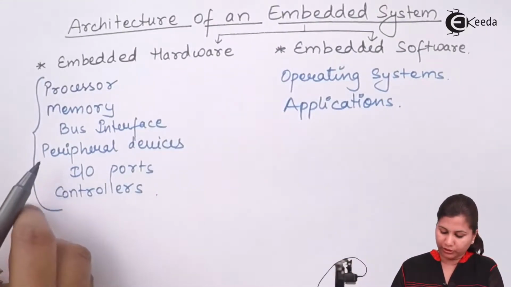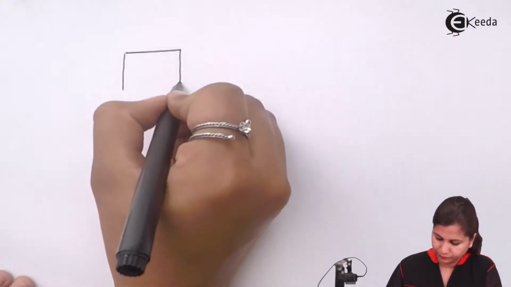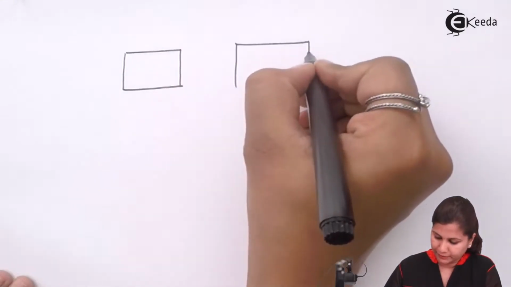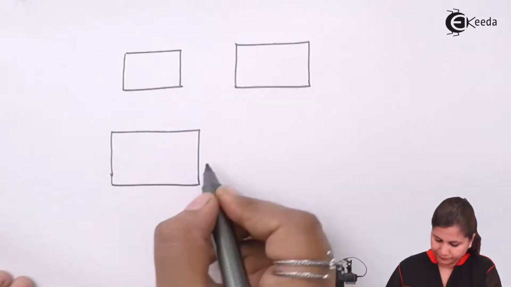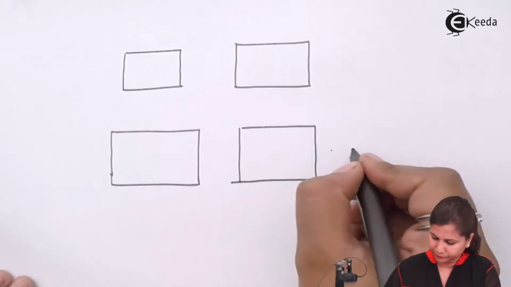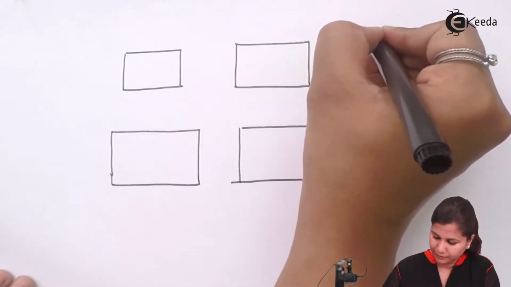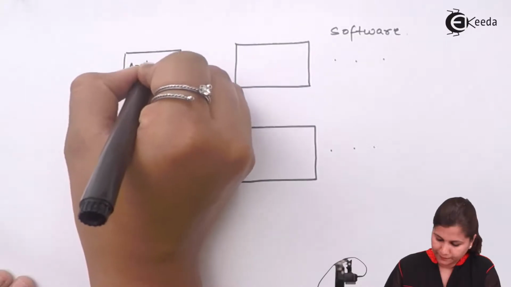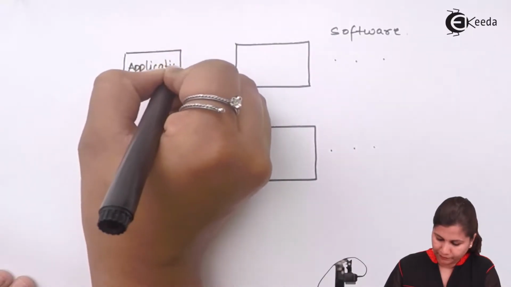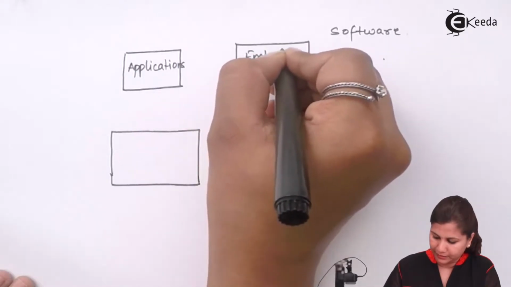So if we draw the basic architecture of an embedded system, in the software part we have applications and the embedded operating system.